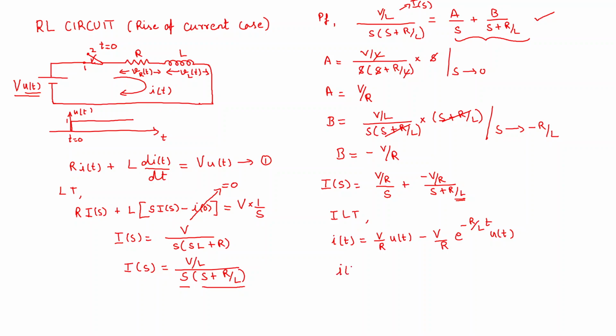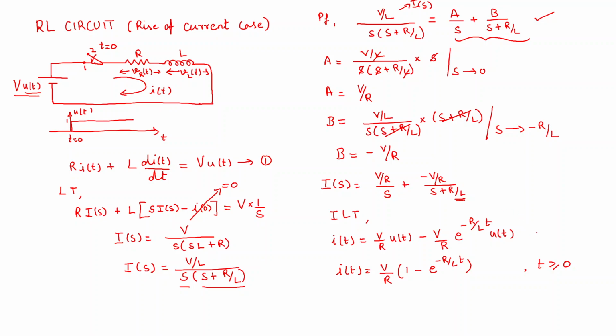So I of t is nothing but V by R. The amplitude of U of t is 1. So 1 minus e power minus R by L into t. U of t amplitude is 1, but the amplitude exists only for time t greater than 0. So I will write I of t is equal to V by R into 1 minus e power minus R by L into t for t greater than or equal to 0.